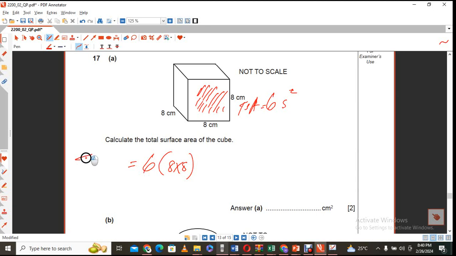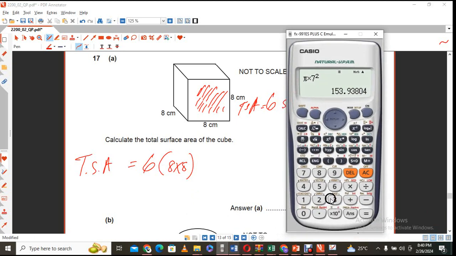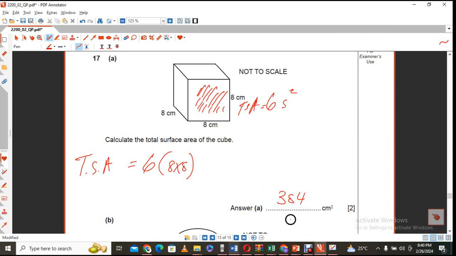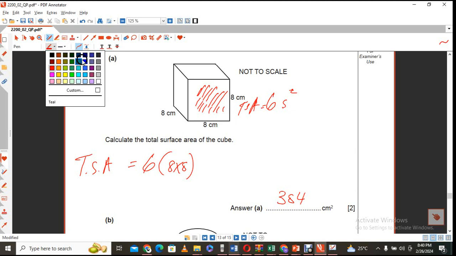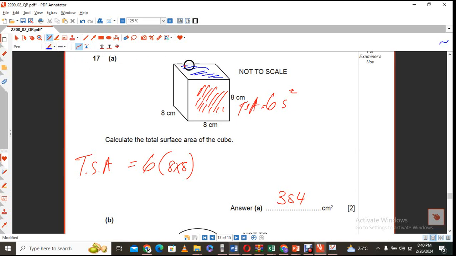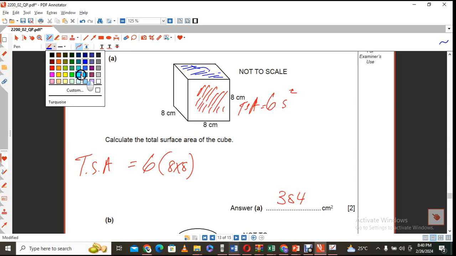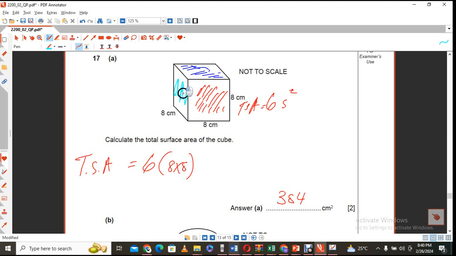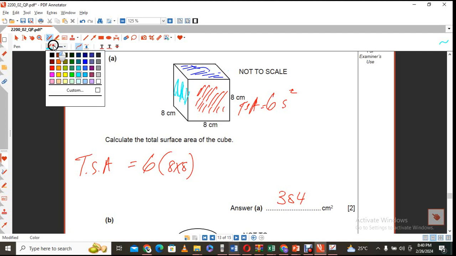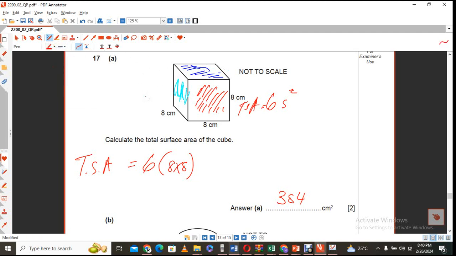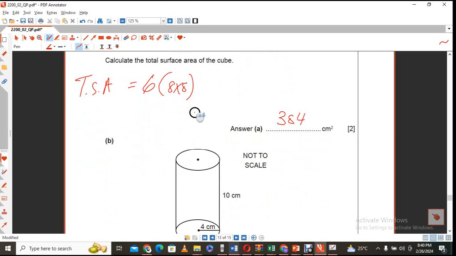That is the total surface area of this cube, 6 faces. 8 times 8 is 64, multiplied by 6, it's 384 square centimeters. That's if you were to do all of them. All of them are the same, so it doesn't really matter. This is just 3, the other ones are at the back and the reverse, so all 6 squares.